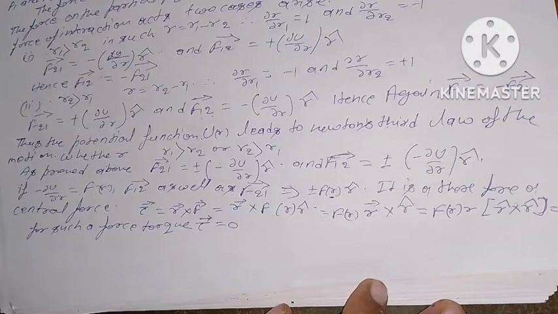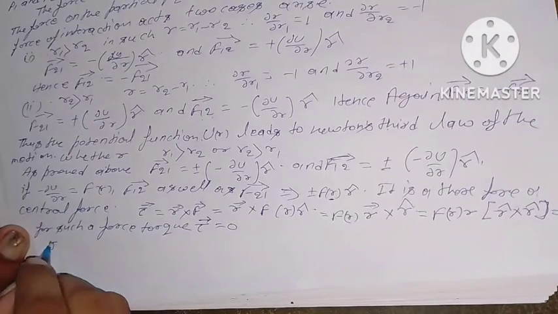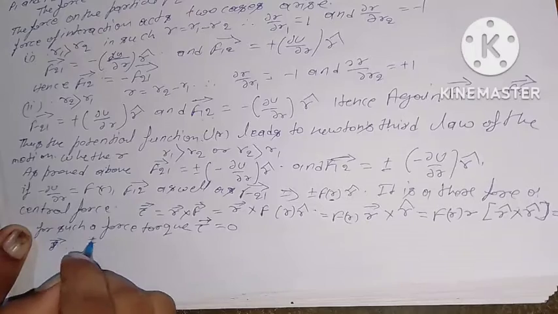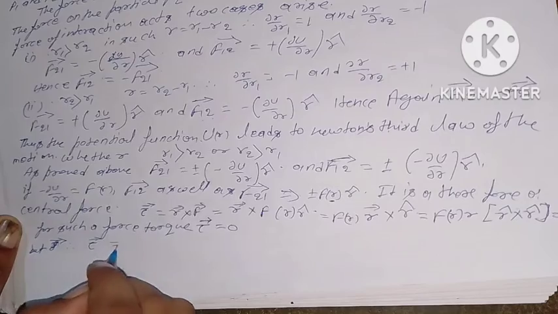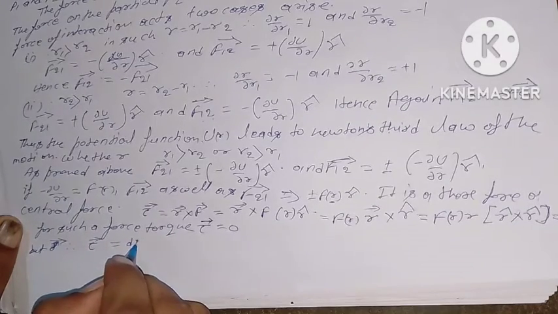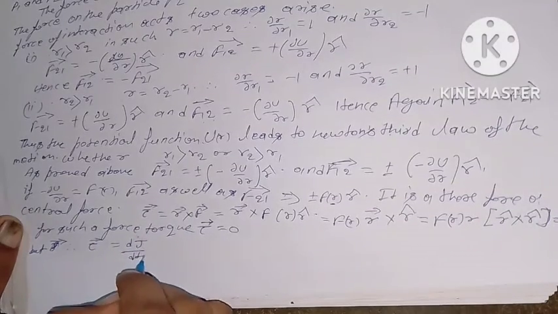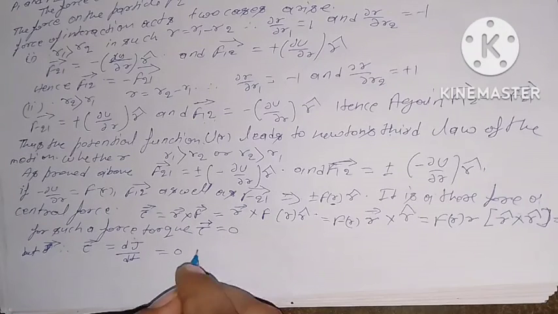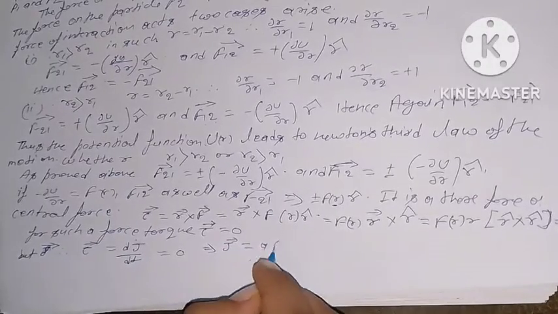But a torque is the rate of change of angular momentum, vector J. So tau vector equals the rate of change of angular momentum, dJ upon dt, equals 0. Integrating, we get vector J equals a constant.